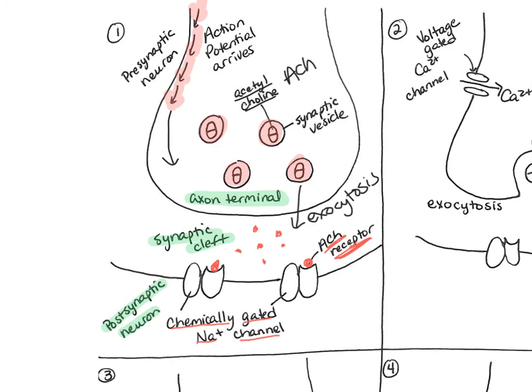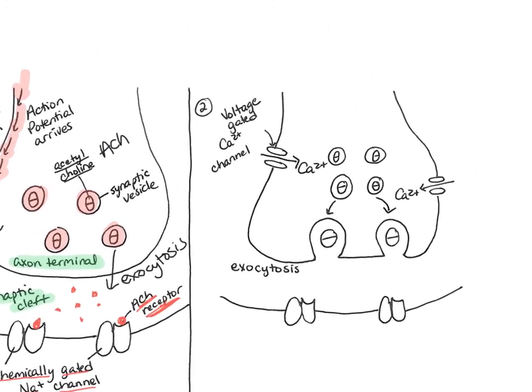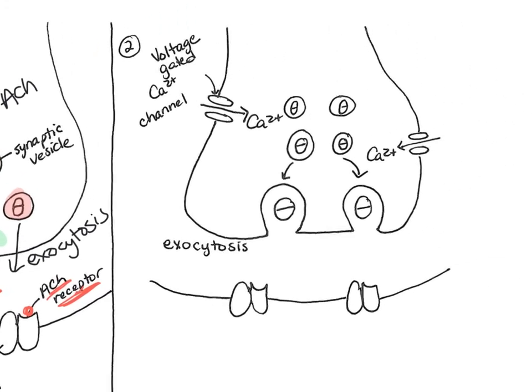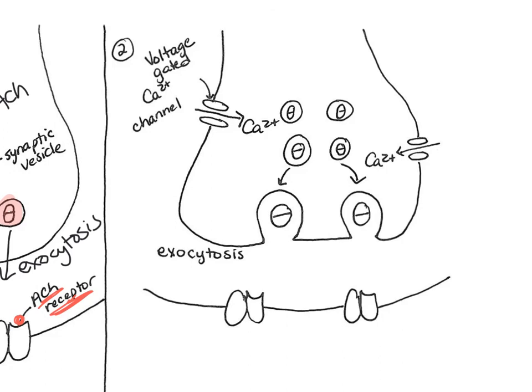Okay, but let me back up a minute because I need to go over this step. On the axon terminal, we're going to add a step that we didn't talk about with the neuromuscular junction. On the axon terminal, there are these voltage-gated calcium channels.